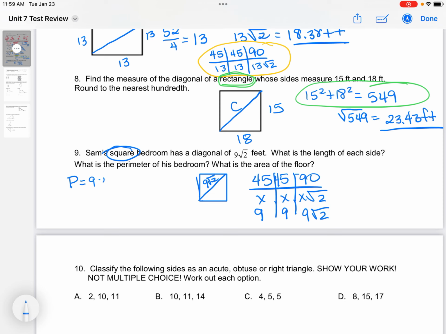And then the perimeter is going to be 9 times 4, which is 36 feet. The area is going to be 9 times 9, and that's square feet.